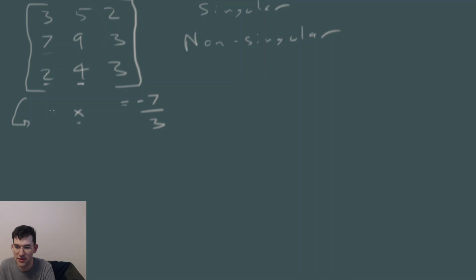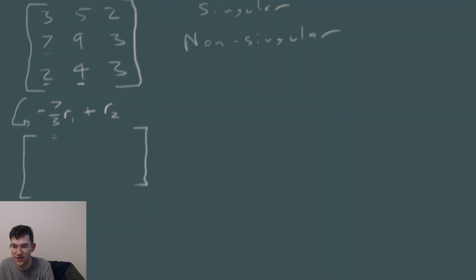The x equals negative 7/3. So that's what we're going to do: row 1 plus negative 7/3 row 1, plus row 2. And let's see what that looks like.